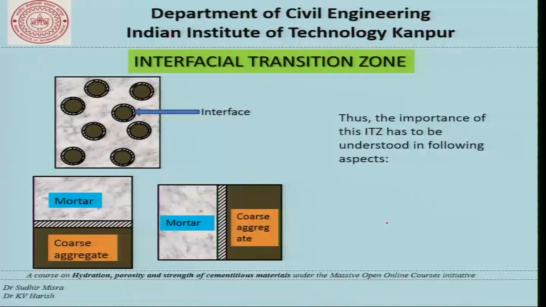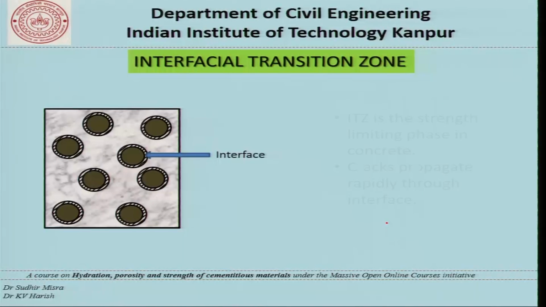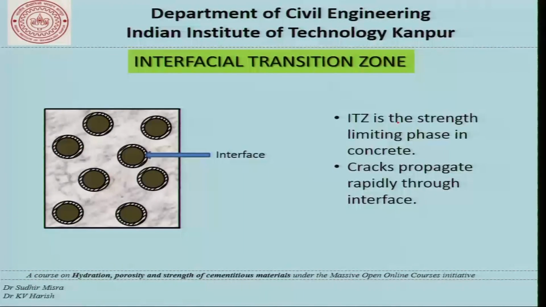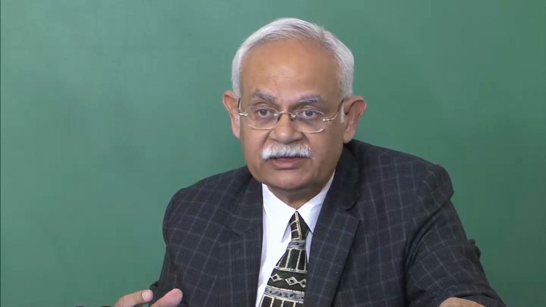To summarize, the importance of this ITZ can be understood in the following aspects. One is strength and cracking, and the second is from the point of view of durability and material transport. If we read literature about what governs the strength of the concrete, the traditional wisdom is the water cement ratio.